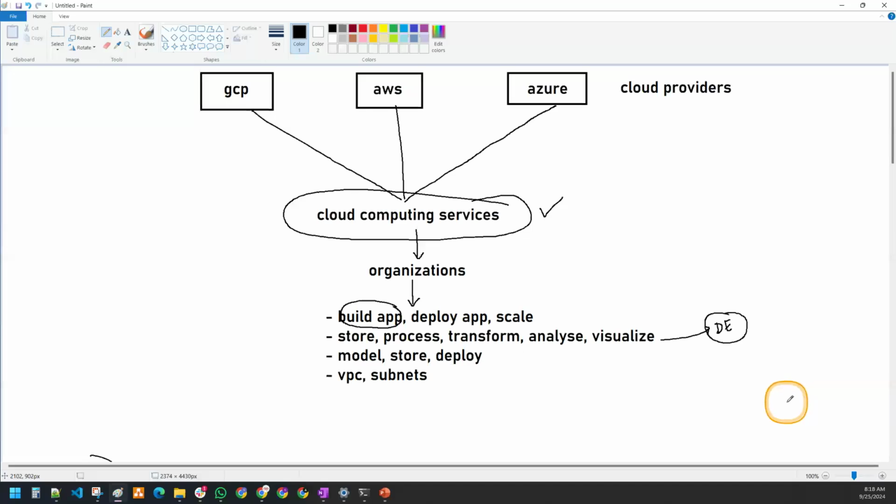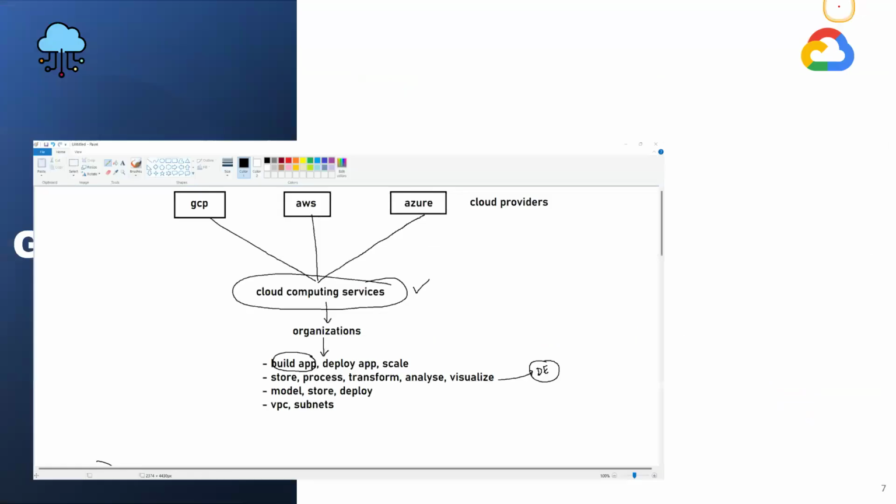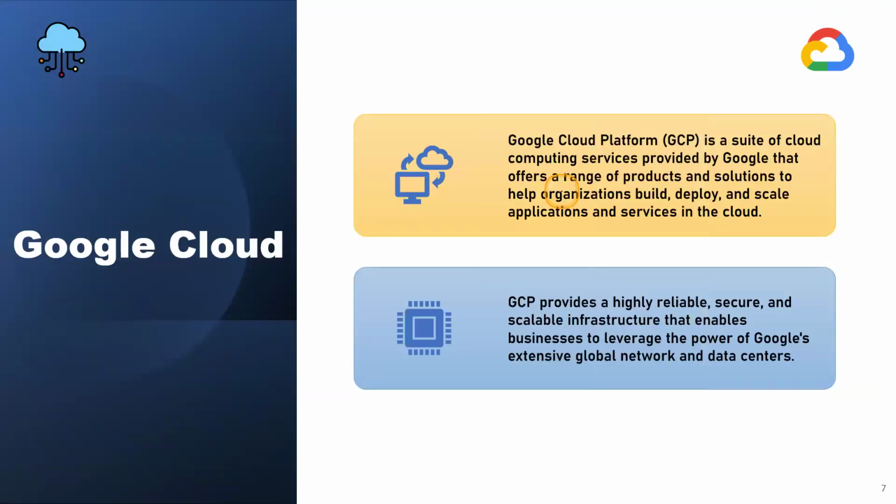One such cloud provider is the Google Cloud Platform, which is offered by Google itself. Google Cloud Platform is a suite of cloud computing services provided by Google that offers a range of products and solutions, nothing but services, to help organizations build applications, deploy applications, and scale applications and services in the cloud.